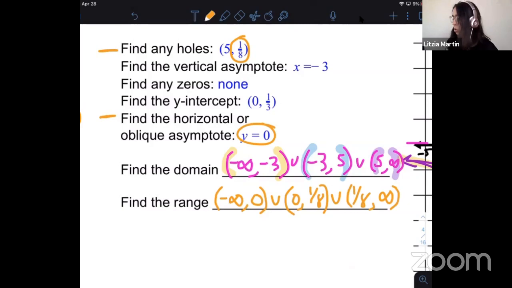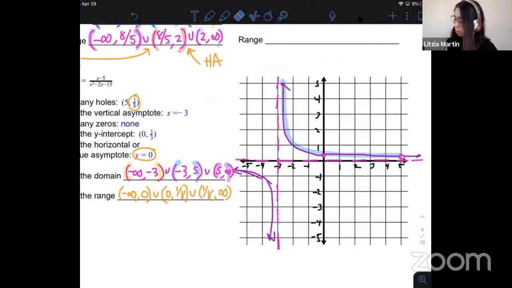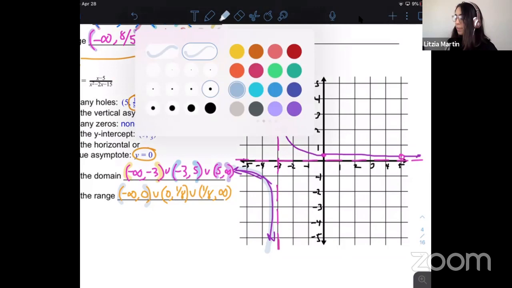Okay. So looking at the graph, we can prove this graphically. So this first piece going from negative infinity and then stopping at 0, that makes sense. It's stopping right where that horizontal asymptote is taking place.